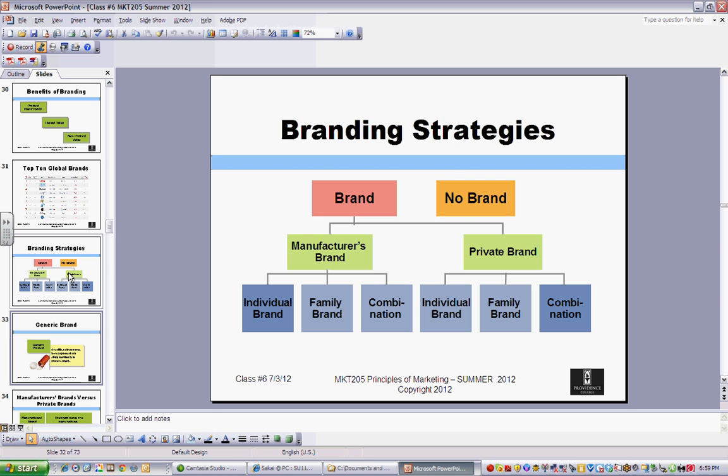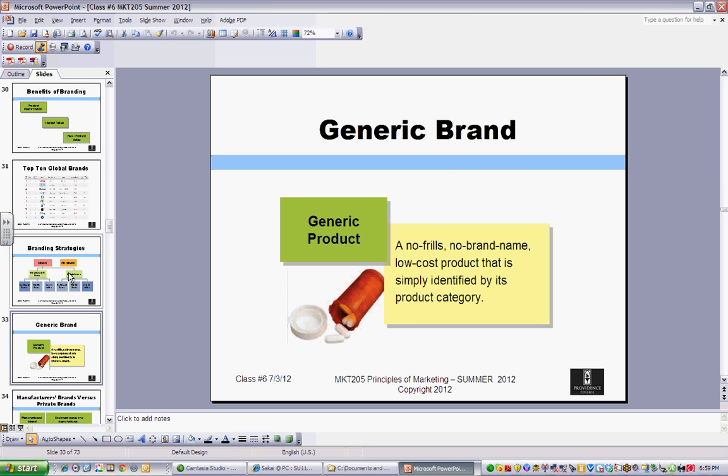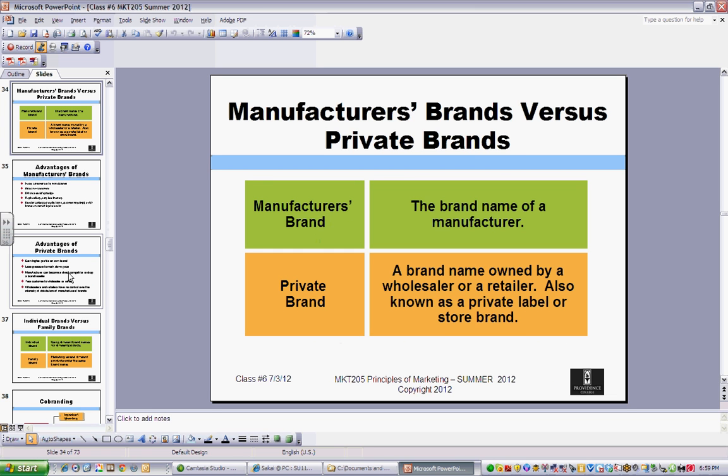The next slides talk about branding strategy, generic. Actually, not having a brand is a strategy, believe it or not. You look at things like private label brands and manufacturers' brands. If you go to a CVS, they tend to have their own brand. You go to Walmart, they have their own brand. And usually those products are made by the same companies that make branded products.